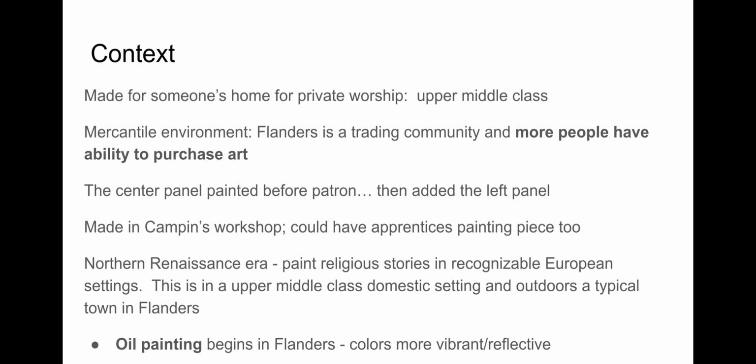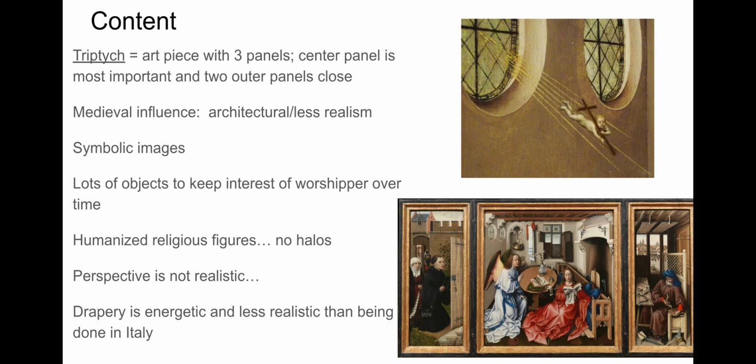So oil painting originates in the Northern Renaissance, and then it will move its way down into Italy in the next pieces we talk about with the Italian Renaissance. Okay, so let's talk about now content.